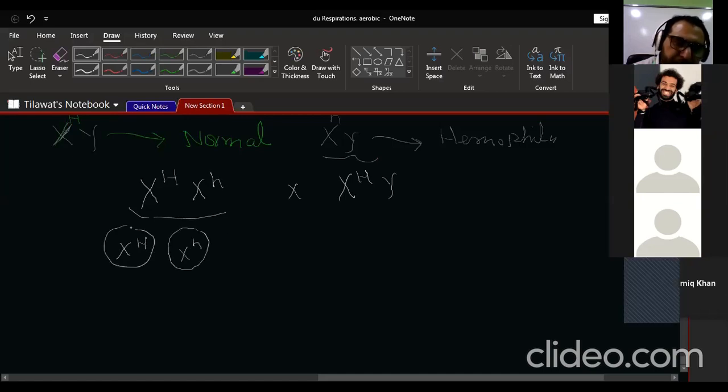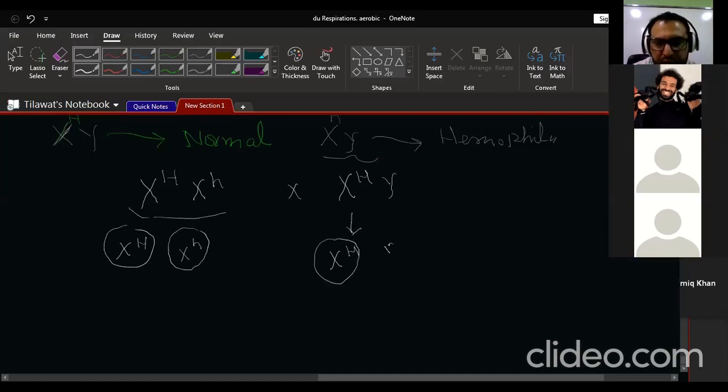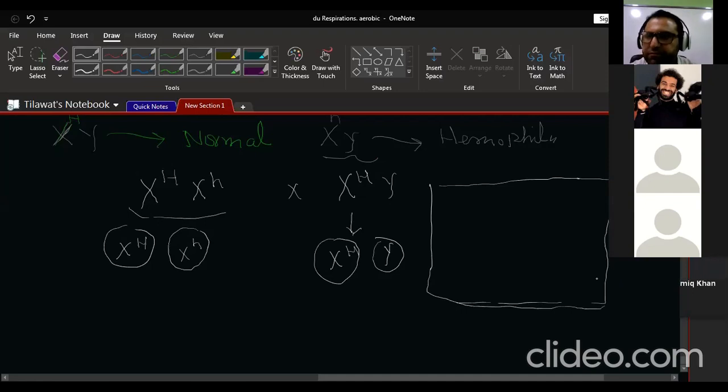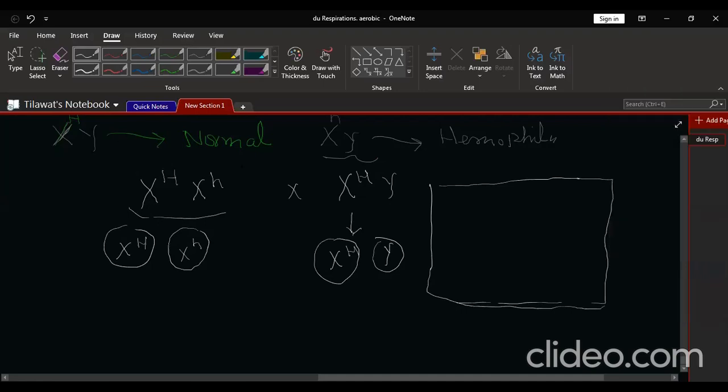And for this male, you can take two types of gamete. Make a table. One side male, another side female.